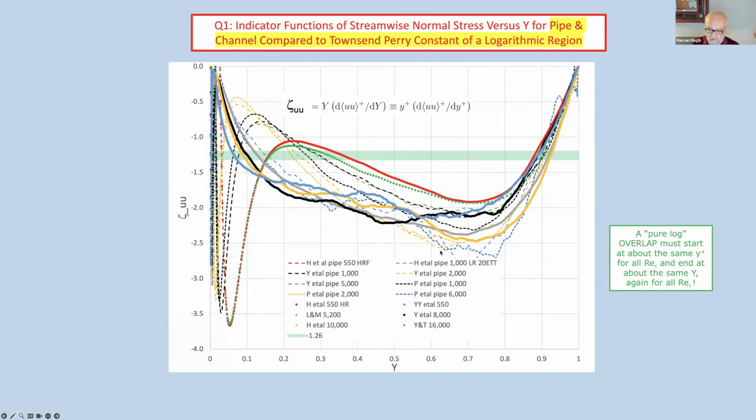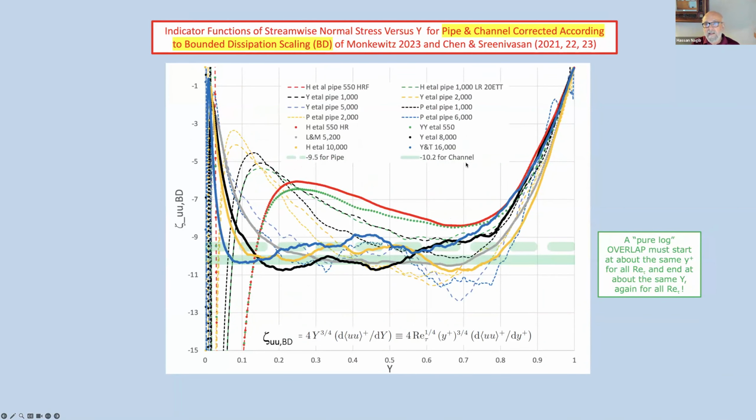Now, Chen and Srinivasan introduced a different approach based on bounded dissipation, and instead of a log law, they find the 1/4 power.